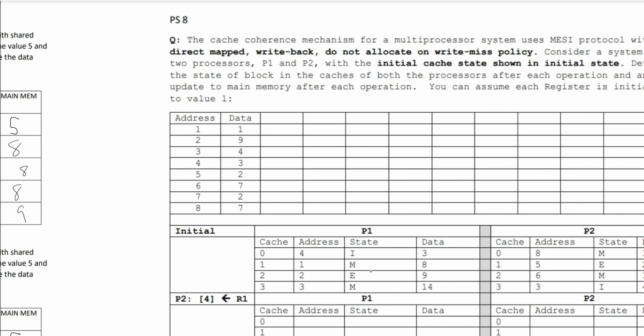Okay, so the first line of code is an S-type instruction, right? On processor 2. Do we have address 4 in the cache? No, we don't. It's do not allocate, so we won't bring it to the cache.